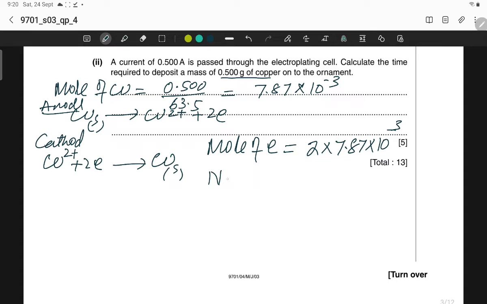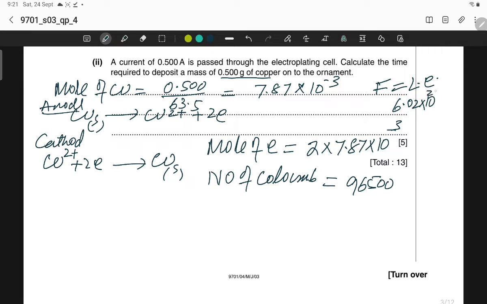And the number of coulombs of charge: the Faraday constant F is equal to L times E, where L is the Avogadro number, 6.02 into 10 raised to 23, and E is the electron charge, 1.6 into 10 raised to minus 19.